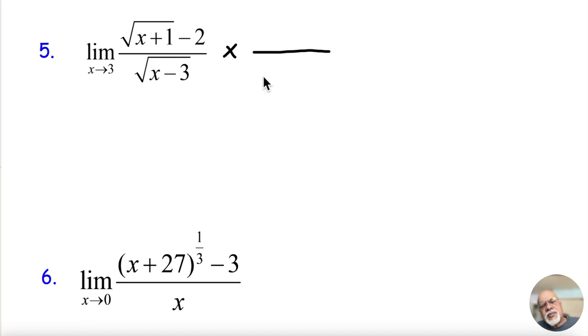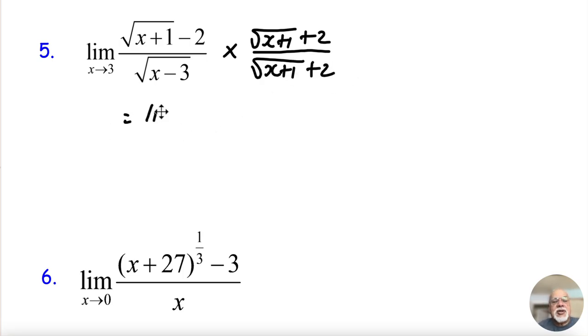Now, oh sorry, not the bottom, the conjugate of the top, and hope that something nice happens. So the conjugate of the top would be the root of x plus 1 plus 2, all over the root of x plus 1 plus 2. And this becomes, so I'm sure you've learned in your earlier years about rationalizing denominators.